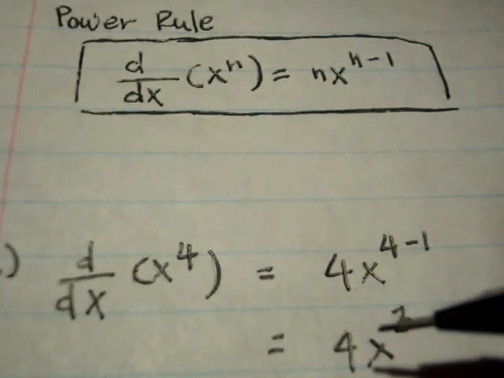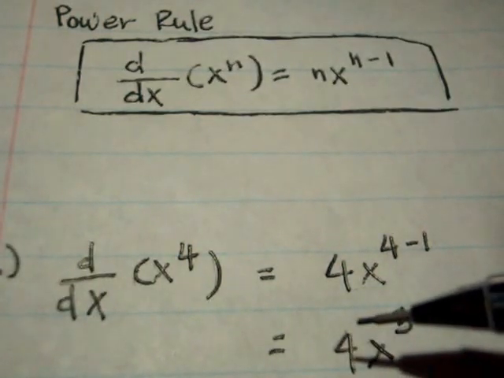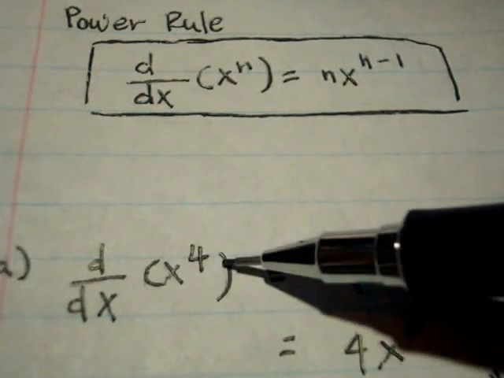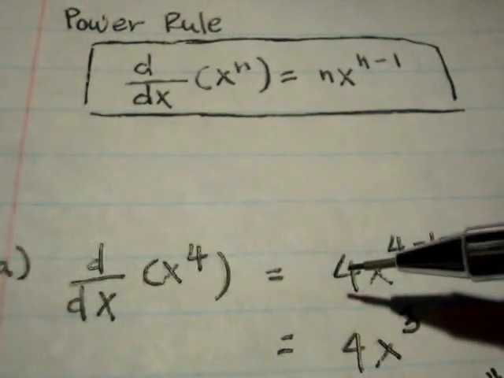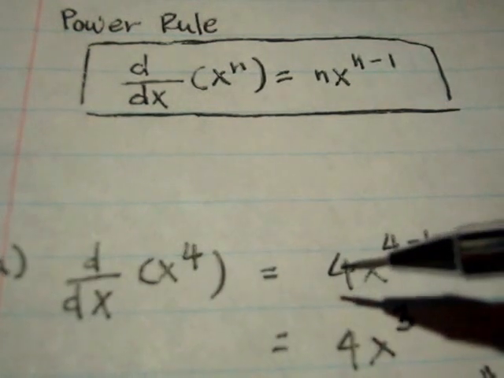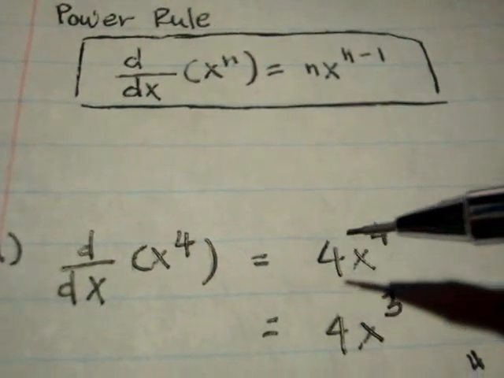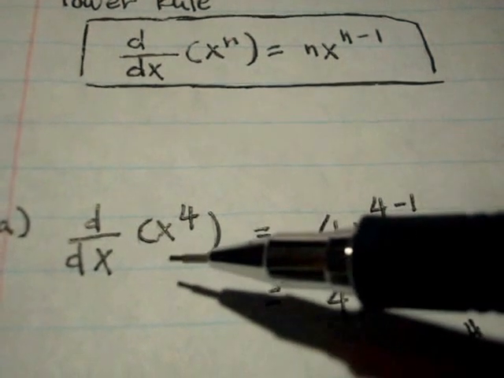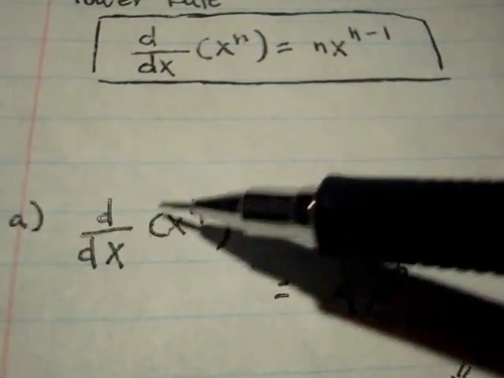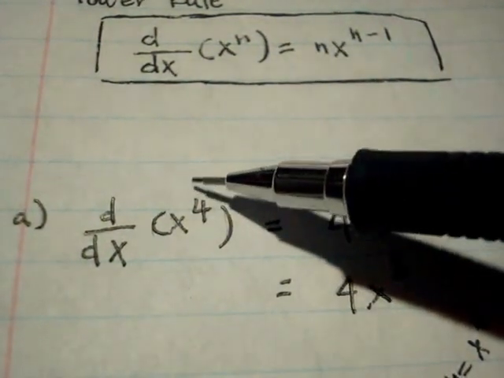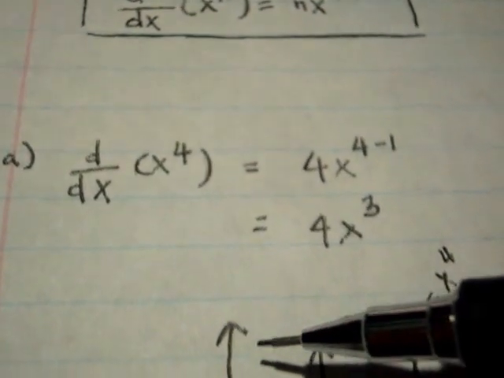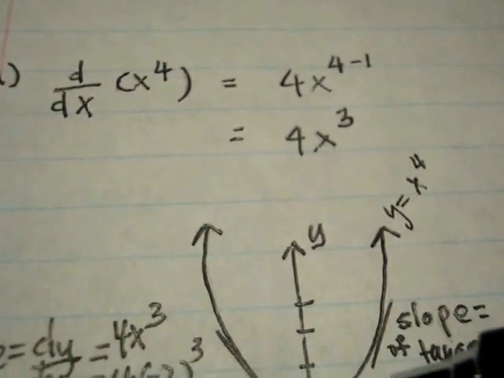Notice that anytime you take the derivative of this particular expression, it's the same thing as saying that you're taking the slope of it. For example, if you were to graph this expression right here, the graph will look like this, like a parabola.